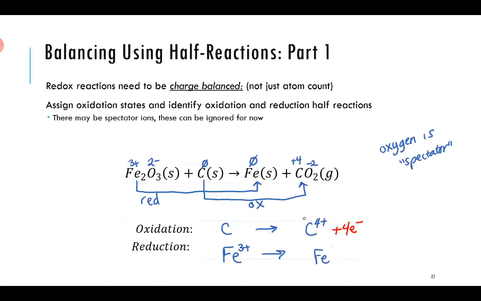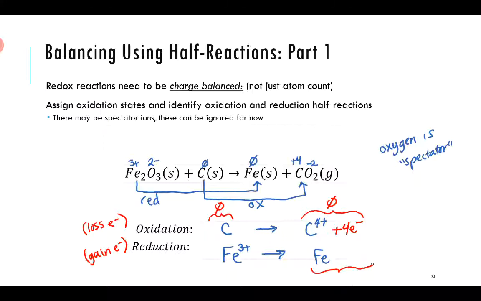Now if we look at the sum of the charges on this side, the sum of the charges is 0, and the sum of the charges here is 0. And so both sides add up to the same thing. Oxidation is loss of electrons. Reduction is gain of electrons. And so we're going to have our electrons on our reactant side. How many electrons? Well, we can look at the charge.